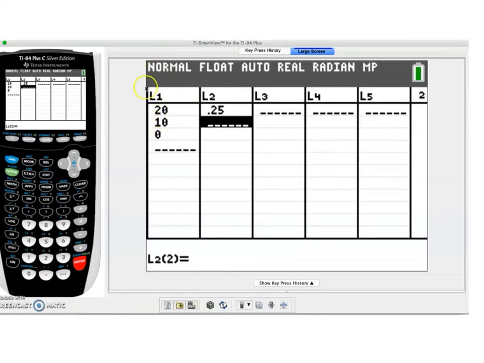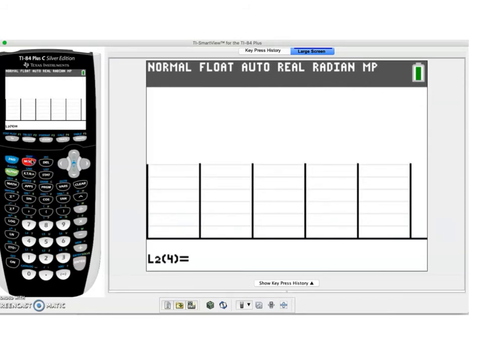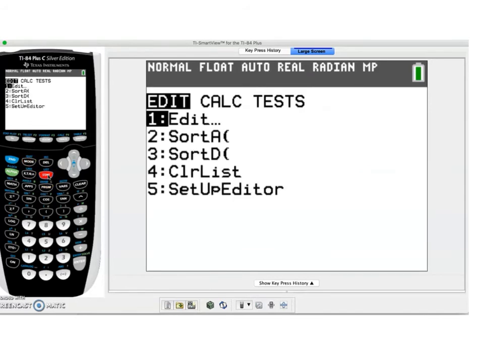So what I'm doing here is I'm putting the outcomes of my random variable, the 20, the 10, and the 0, and I'm putting the probabilities that correspond to it right next to it in the next cell. So it was a 1/12. I can even just type the fraction and it changes it to a decimal. And there we go. All right, so get out of this and you're just going to run your one variable stat again.